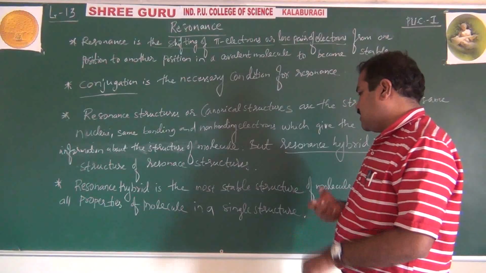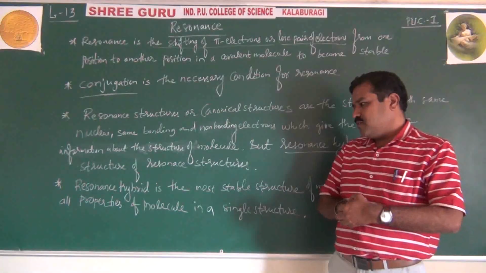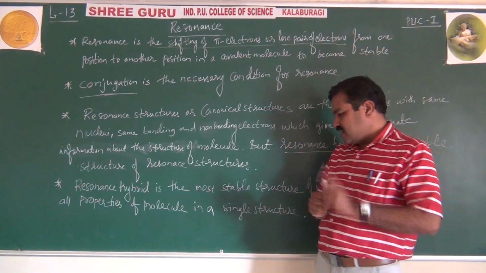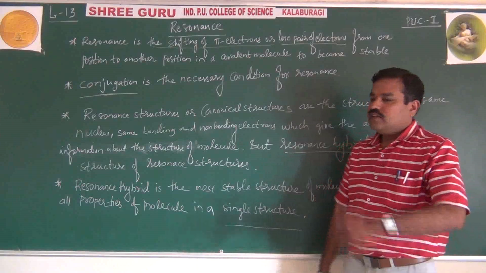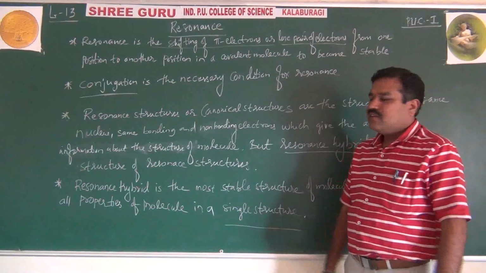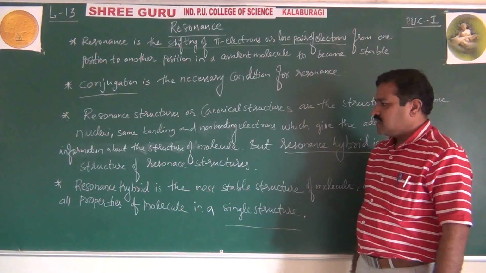It is the most stable structure of the molecule, which gives all information about the molecule, or all the properties of the molecule, in a single structure. There is no need to depend on the first, second and remaining preceding resonance structures. Got it?